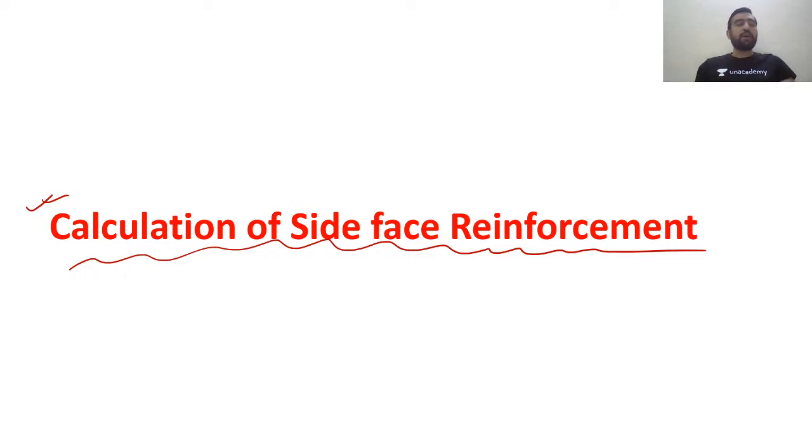It is just provided for the sake of stability. So whenever your torsional moment is there, IS code is suggesting to use the side face reinforcement for your torsional stability. So there are several conditions.